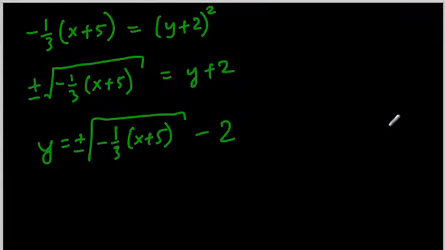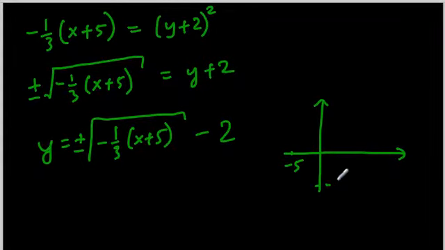So first, let's sketch this out. What we can see right away is that the point is (-5, -2), so that's this point right here. And the negative inside tells us that there's a reflection across the y-axis.